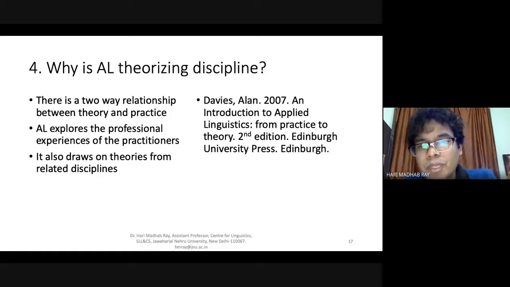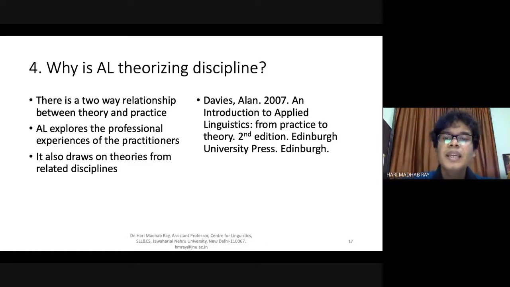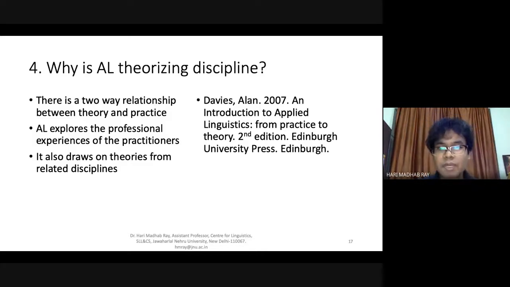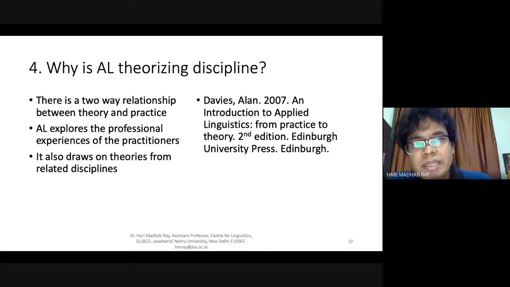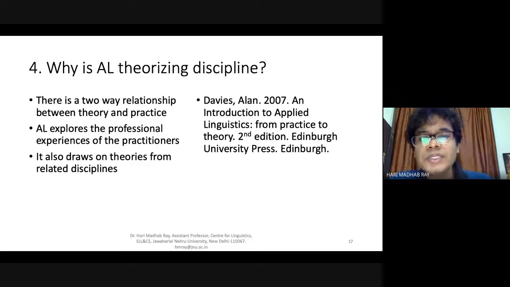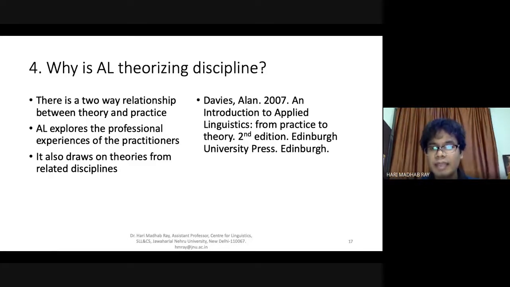Now if you look at this book, Davies and Elder 2007, An Introduction to Applied Linguistics, you see that it's from practice to theory, whereas in other theoretical disciplines it is from theory to practice. Here the title itself says from practice to theory. That's what we practice, and then try to get into the theory.